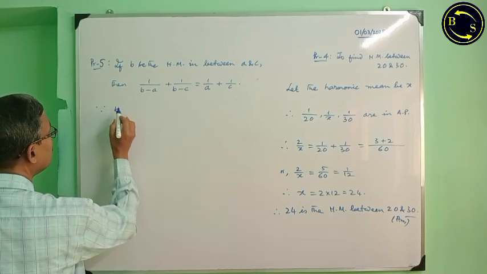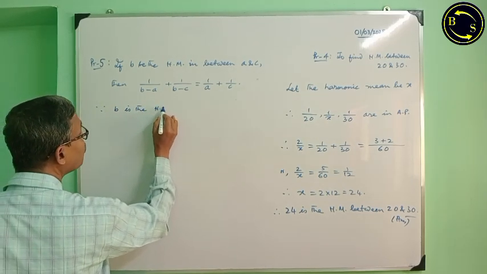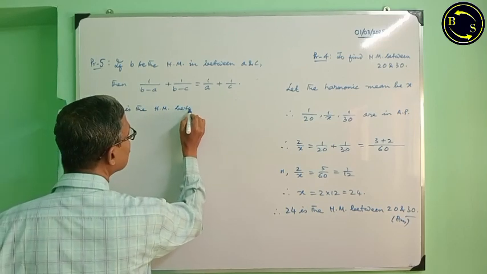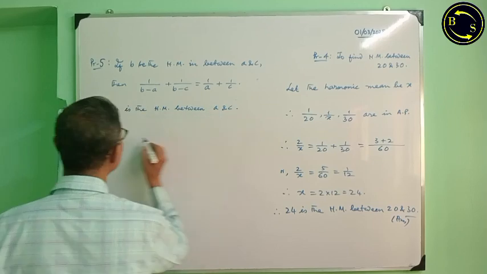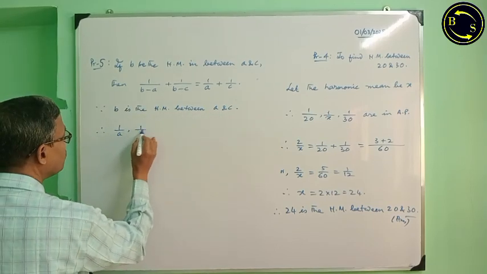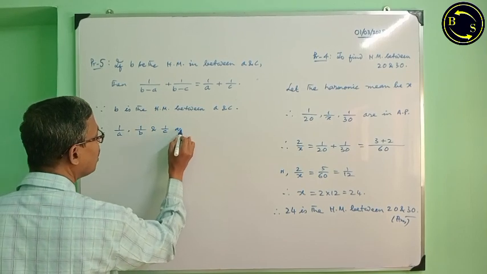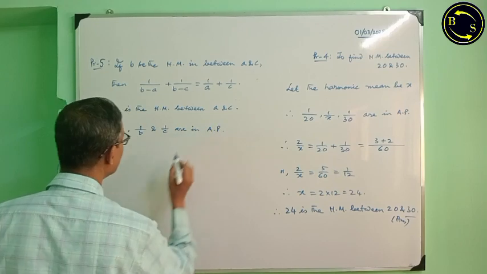Since B is the harmonic mean between A and C, therefore 1 by A, 1 by B and 1 by C are in AP.